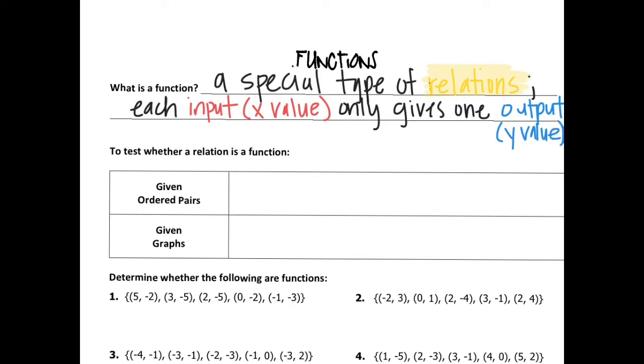Okay, so each time you put an x into the left part of your table, you only get a result of one y. We'll see kind of what that looks like as we examine the problems that we have to do.